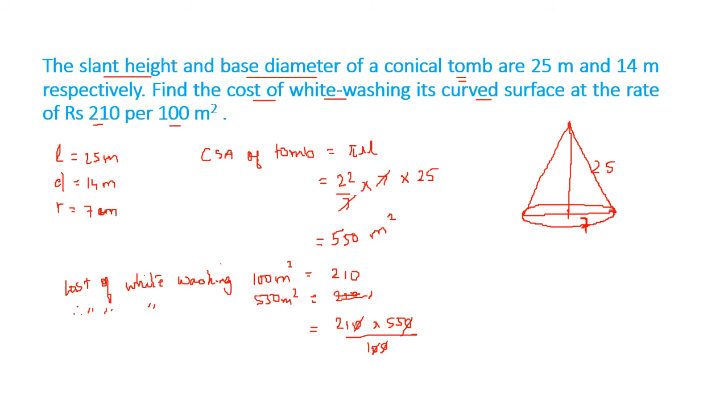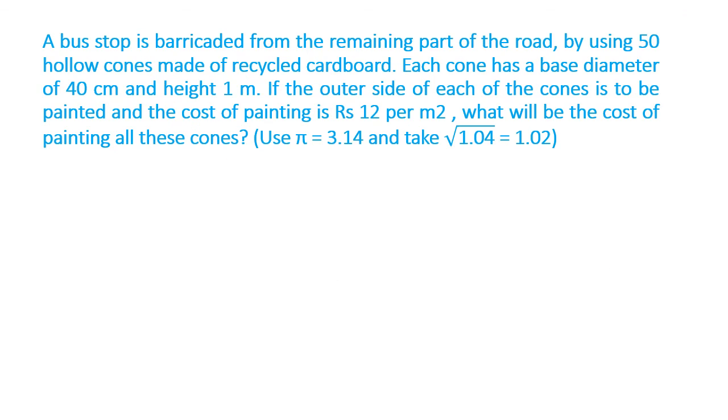So we get 55 into 21. How much is that? Multiply 55 into 21. We get rupees 1155. This is the total cost of whitewashing the tomb. So these are very simple sums just based on the formula.